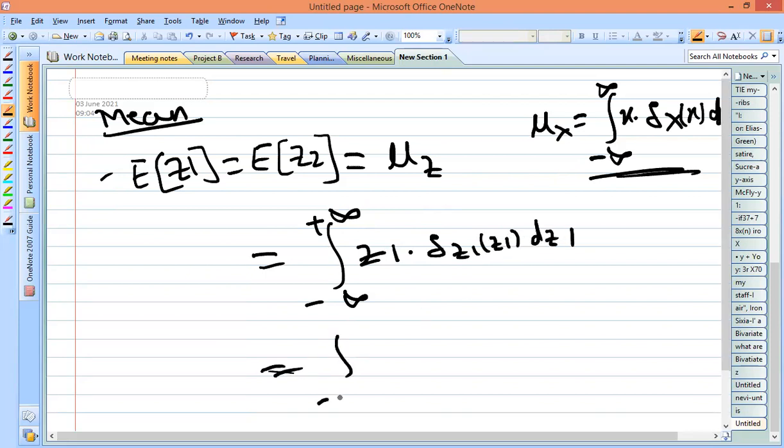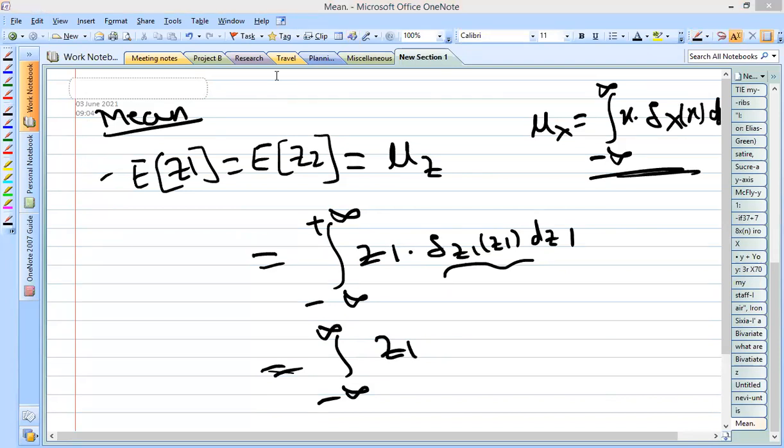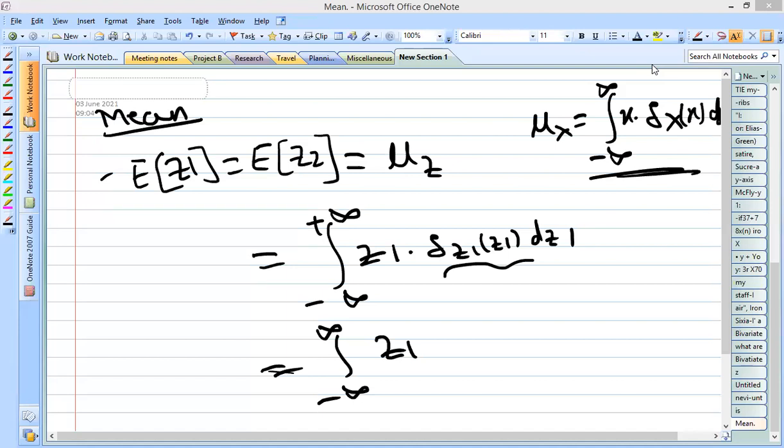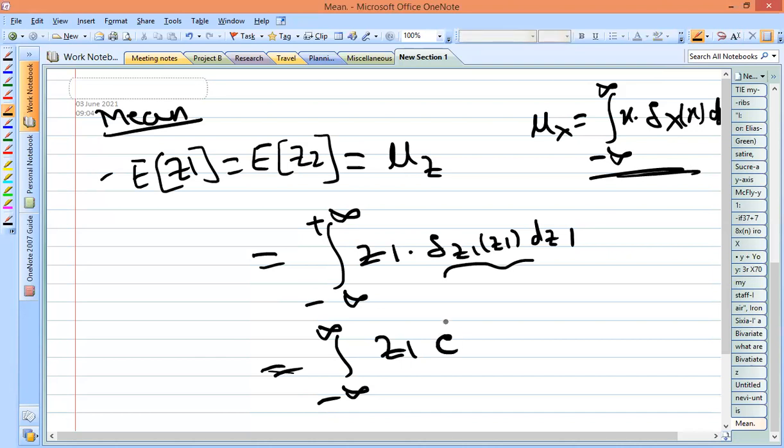That is nothing but the integral from minus infinity to plus infinity of z1 times fZ1 of z1, which can be replaced as we have derived, e to the power minus z1 square by 2 divided by root 2 pi, into dz1.